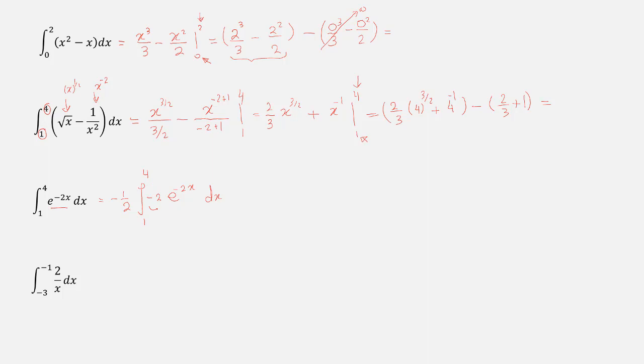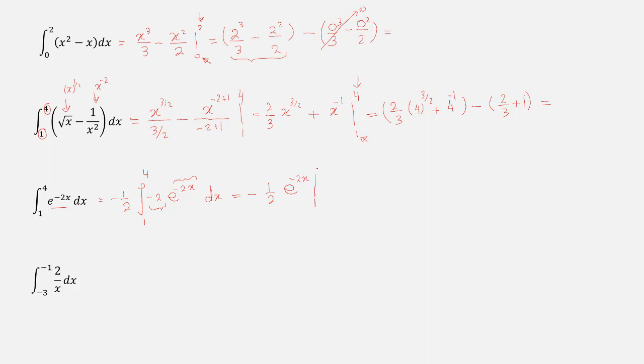Why multiply by negative 2? Because it is the derivative of the power of the e. This will give us minus 1 over 2 multiplied by e to the minus 2x.